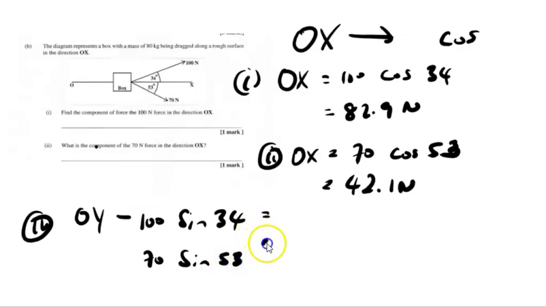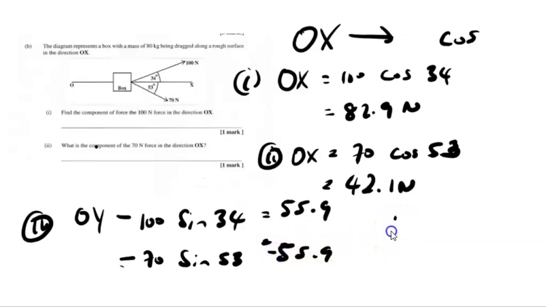What happened here is that when I put 100 sine 34, I end up with like 55.9, and the other should be negative because it's going downward, so I also end up with like 59.9, negative.